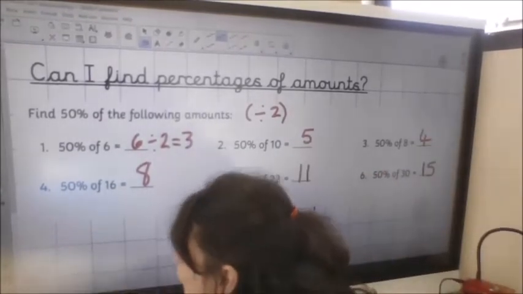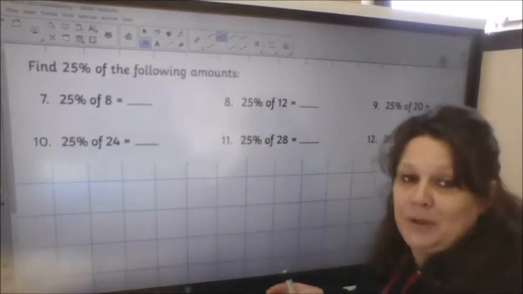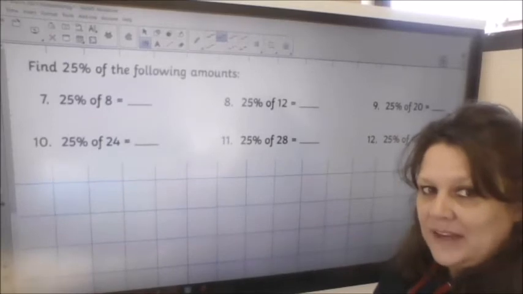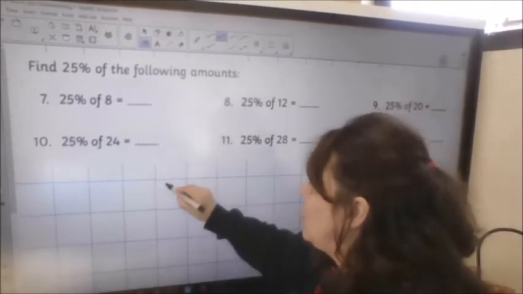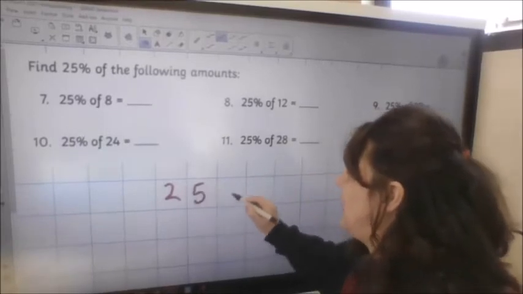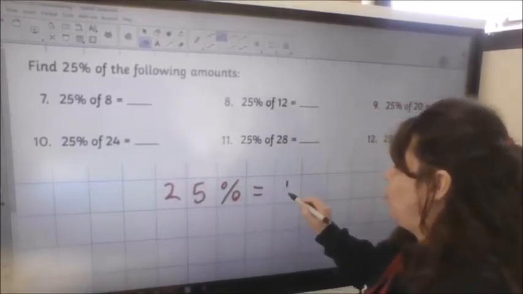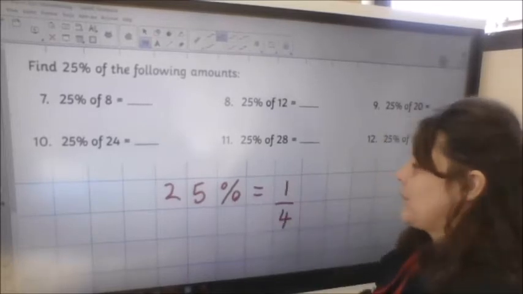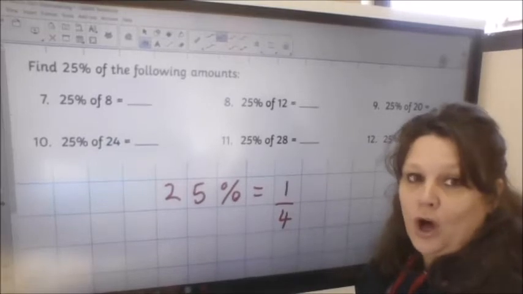Okay, so next one then. We're now going to have a look at 25%. So 50% equals a half. Well, 25% equals 1/4. So we divided by 2 to work out half.